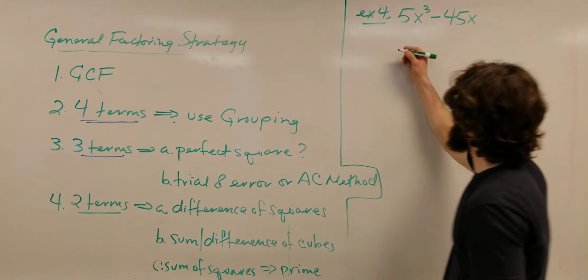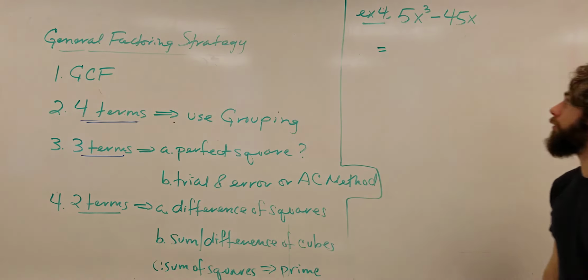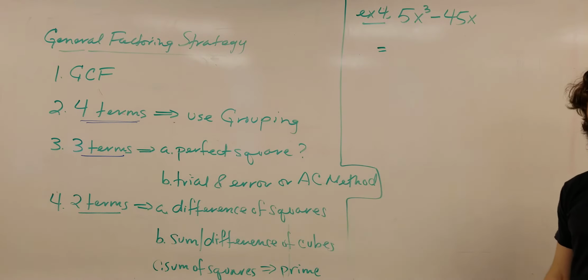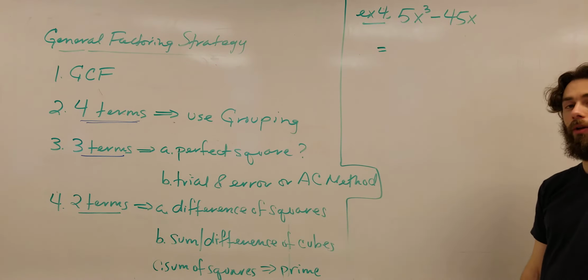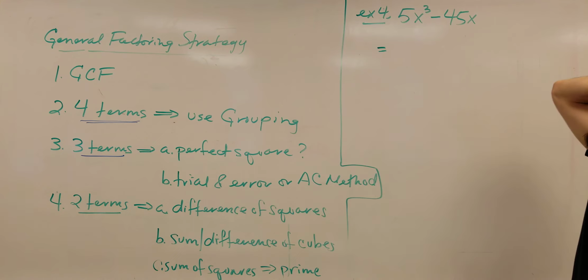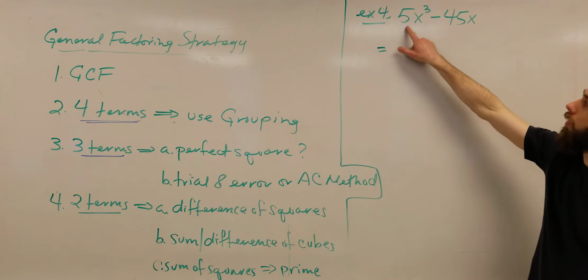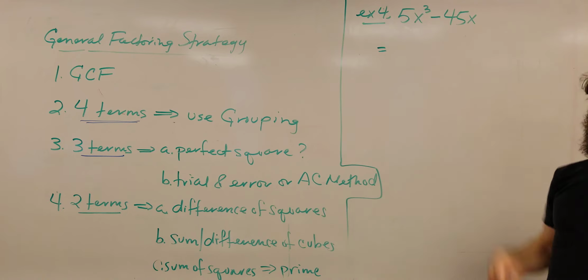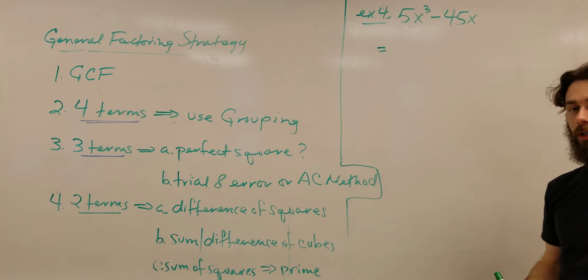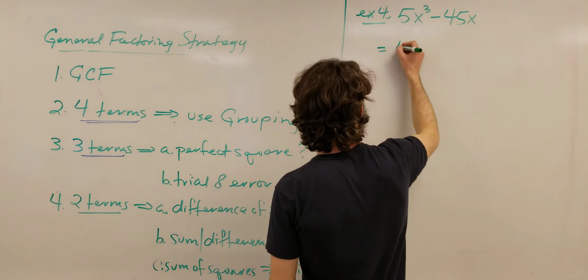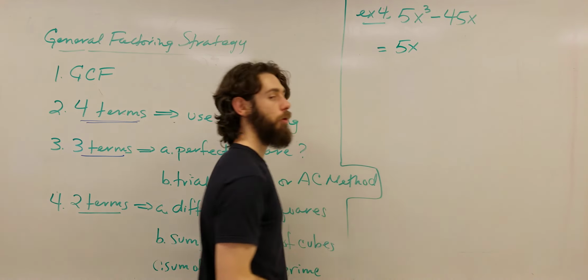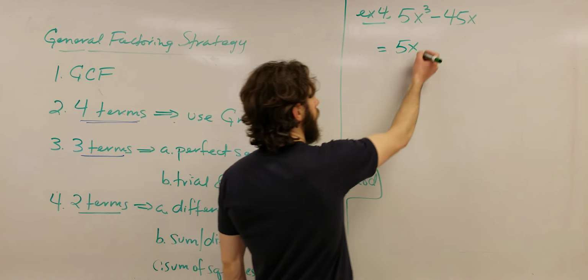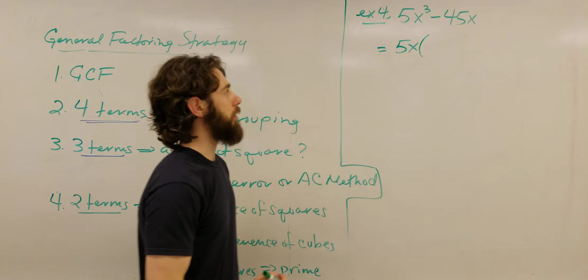So you might notice first that we do have a GCF here. That's the first thing we should always try to do. So we know we can divide a 5 out of both, and also we get an x out of both terms. So 5x will be our GCF. So we pull that one out. And what would that leave?